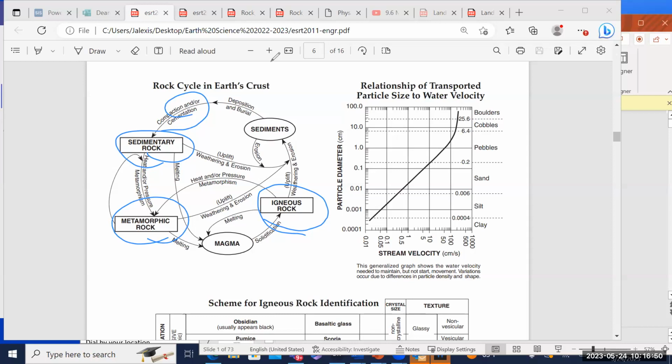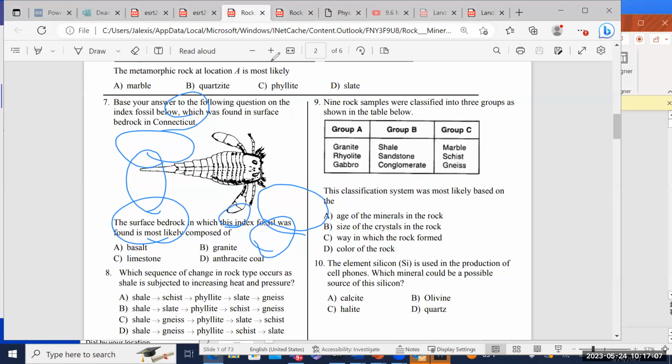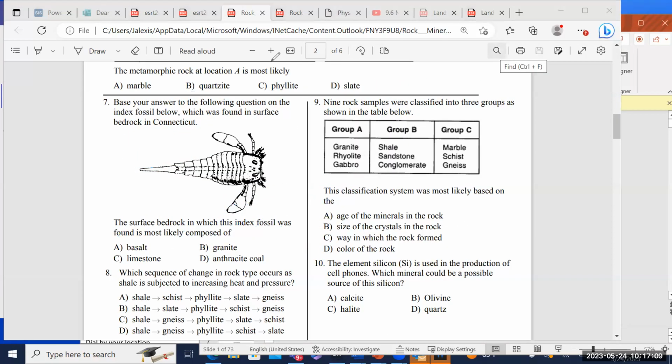A metamorphic rock has to go through metamorphism, heat and pressure. Igneous rocks: there's melting that occurs and then solidification, cooling. So all three of these rocks are created differently, and that's why they're set apart that way. And so that's why the correct answer is choice C.